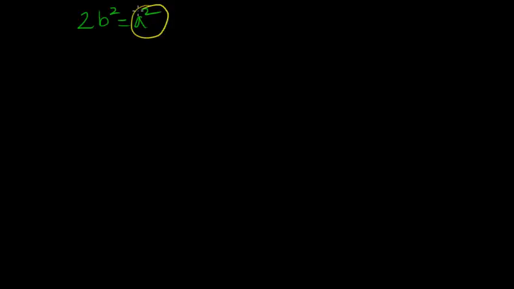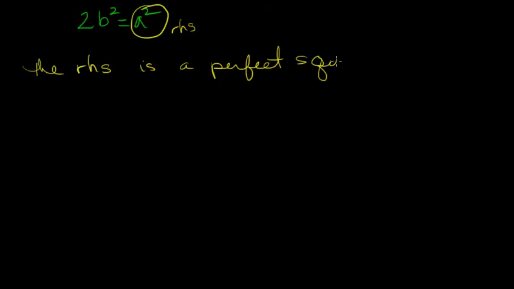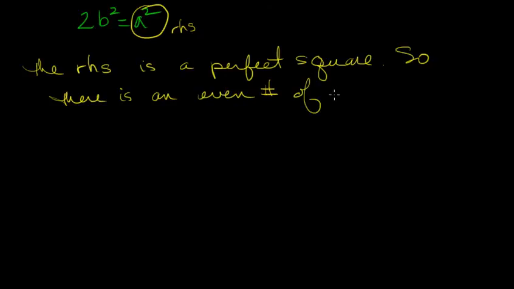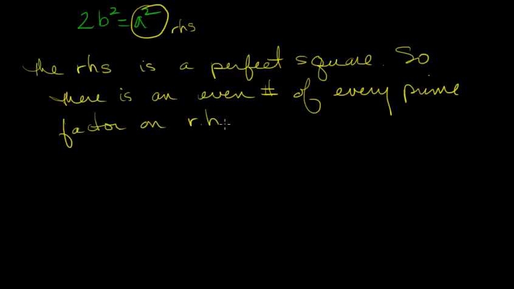Look on the right-hand side. I'll call it RHS. The right-hand side is a perfect square. So there is an even number of every prime factor on the right-hand side.